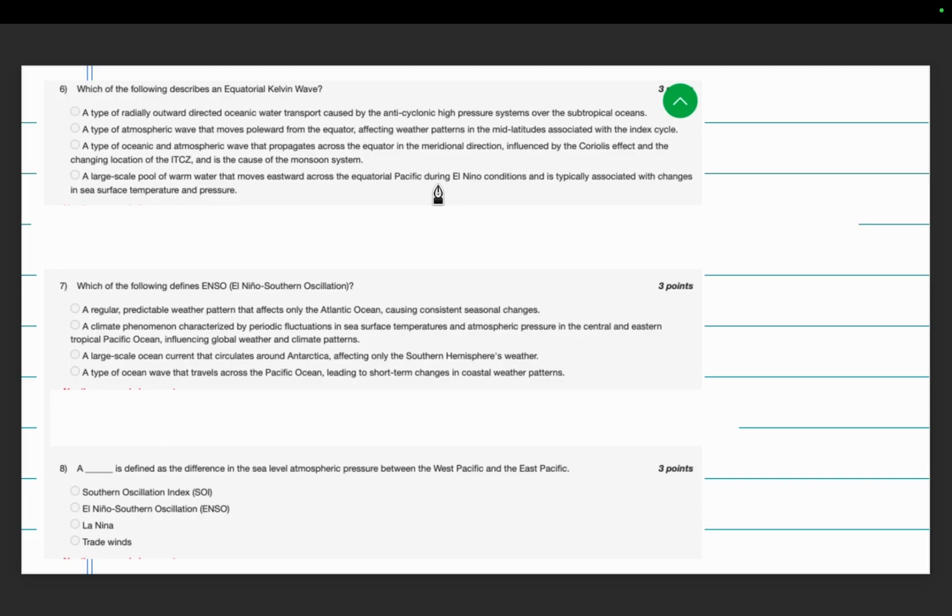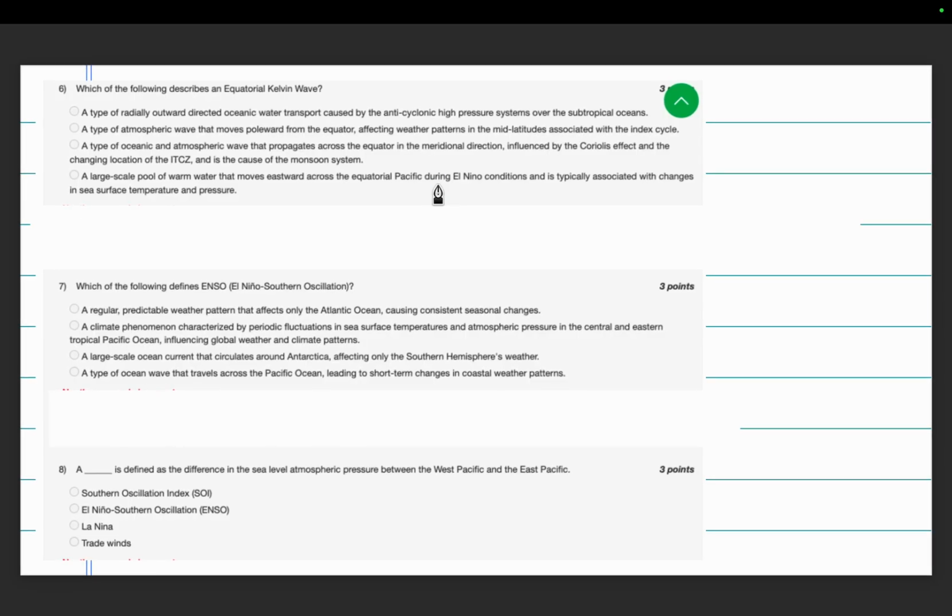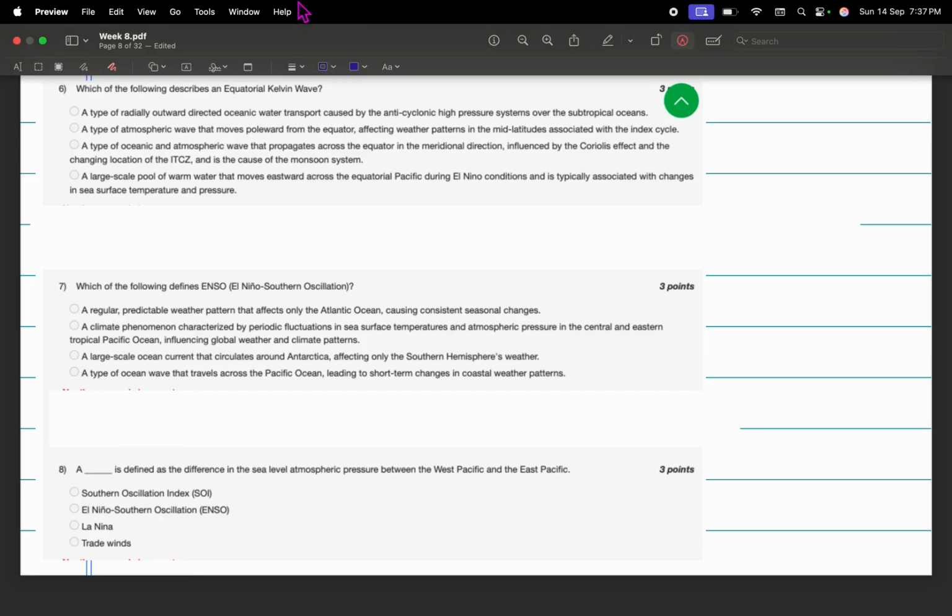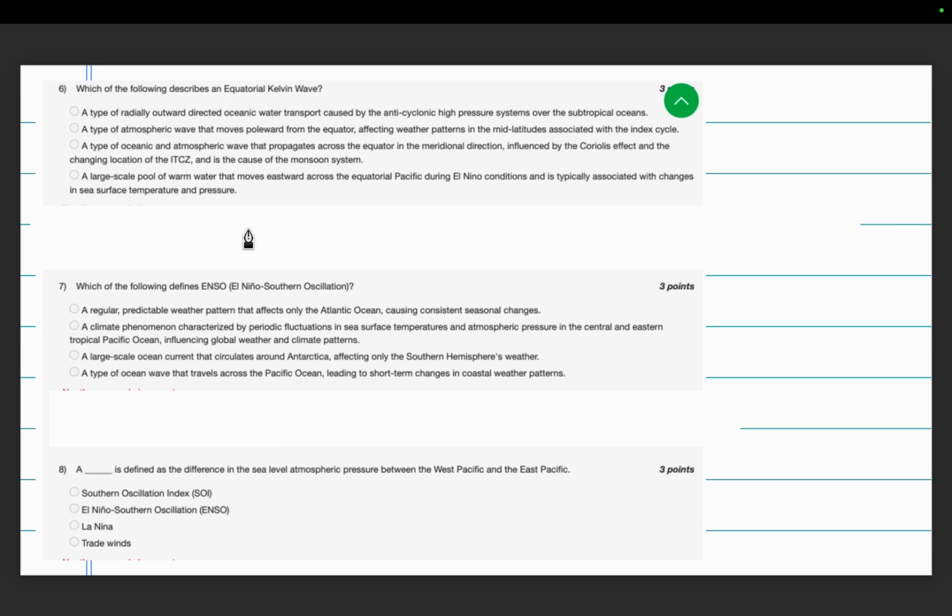A type of radially outward directed oceanic water transport that is caused by the anticyclonic high pressure systems over the subtropical oceans; a type of atmospheric wave that moves poleward from the equator affecting the weather pattern in the mid latitudes associated with the index cycle; a type of oceanic and atmospheric wave that propagates across the equator in the meridional direction, influenced by the Coriolis force and the changing location of the intertropical convergence zone, and is caused by the monsoon system; a large-scale pool of warm water that moves eastward across the equatorial Pacific during El Nino condition, and is typically associated with changes in sea surface temperature and pressure. Now, what describes the equatorial Kelvin wave?